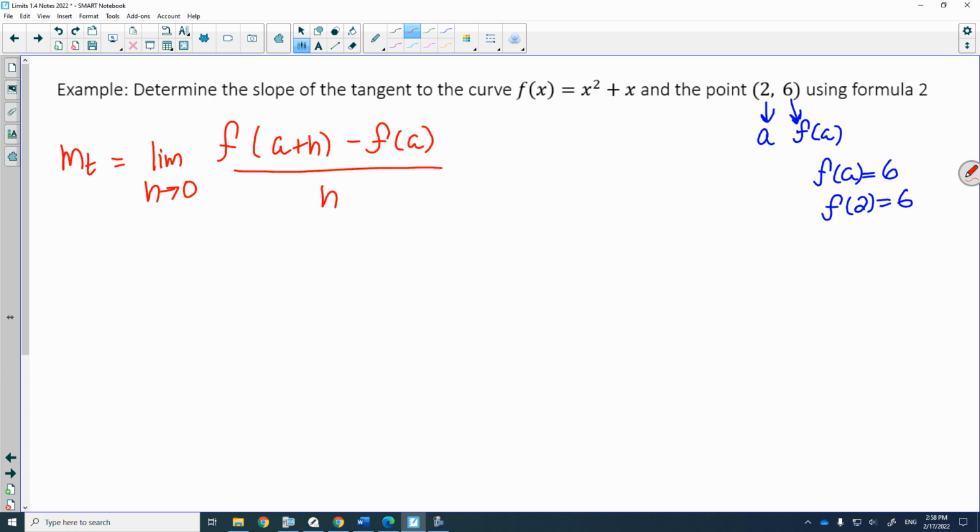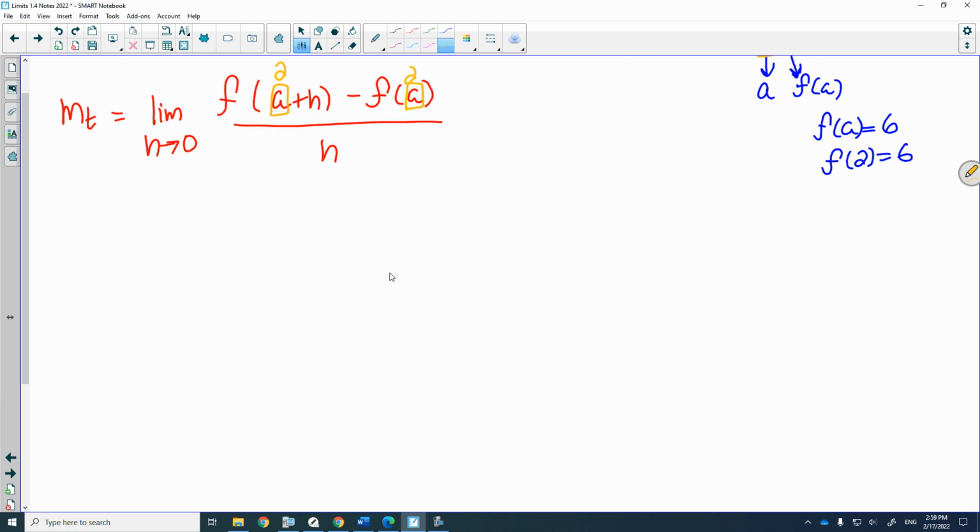What we're going to do from here is we know the value of a is 2, so I'm going to rewrite this, substituting in 2 for a. So the limit as h approaches 0 of f of 2 plus h minus f of 2 all over h.